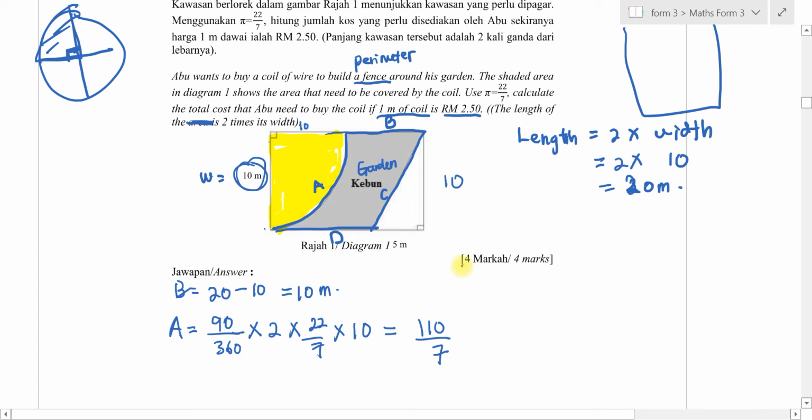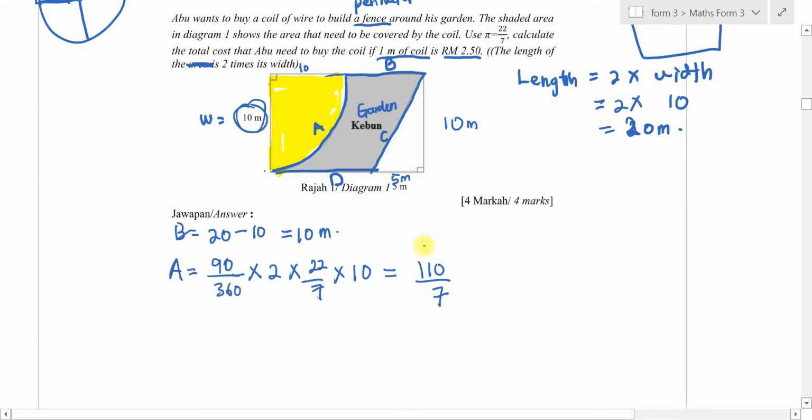Okay, add this information. Put 5 meter here. This is part of the question. So I think there is some errata in this question. Errata means an error, the misinformation here.